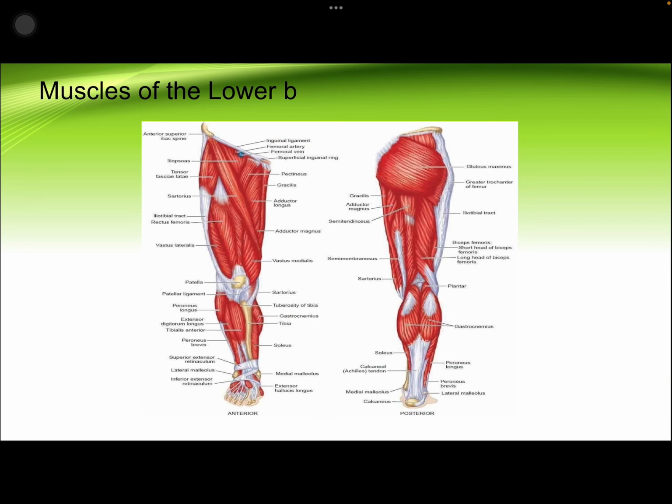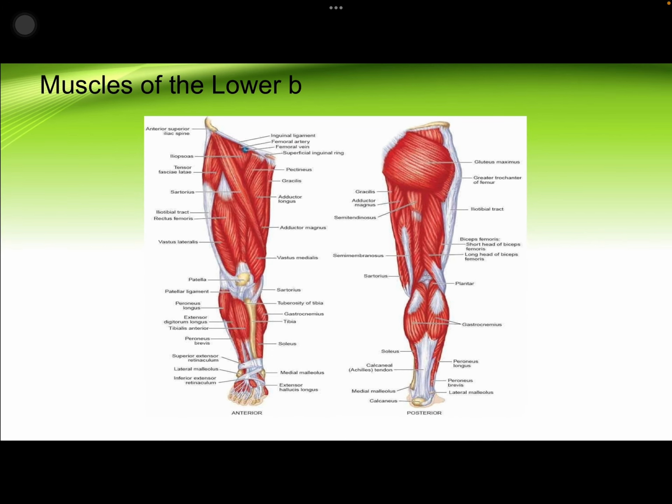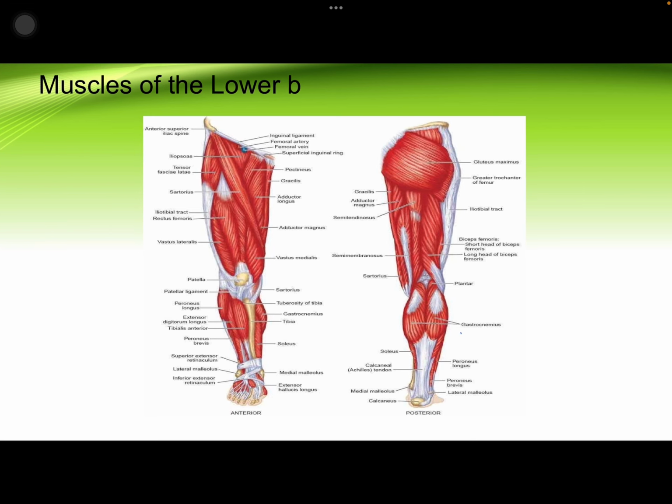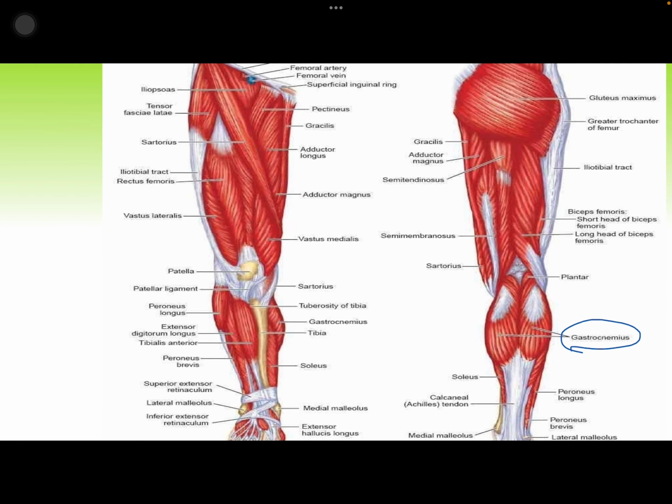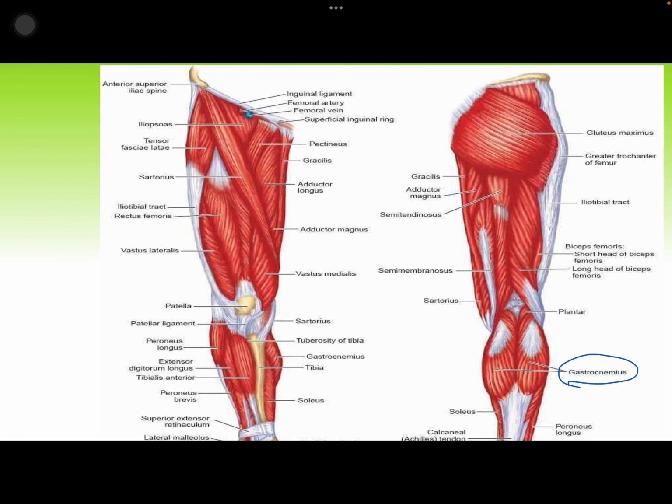Then we have muscles of the lower limb. At the back, we have your gastrocnemius. Then we have your soleus, your peroneus longus. For the muscles of the lower limbs or even the upper limbs, I just want you to memorize the big muscles, such as your iliopsoas, your sartorius, the vastus lateralis, the adductor magnus, vastus medialis.